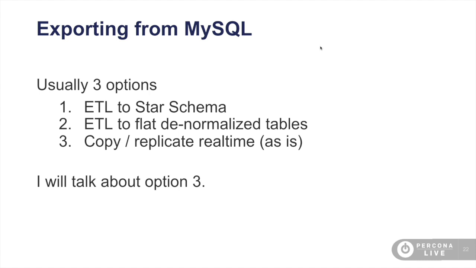Those options are good. However, they will require a substantial amount of work. We have lots of tables in our database right now. What I wanted to do is focus on a quick win without re-architecting the system. So option number 3, and this is what I will talk about, is to copy or replicate data as is.